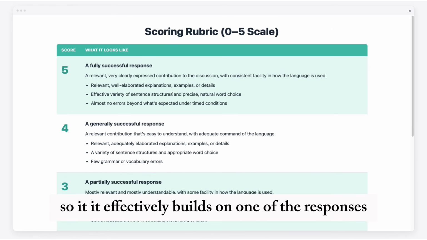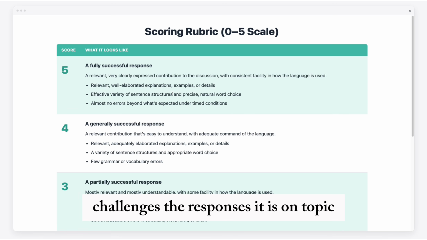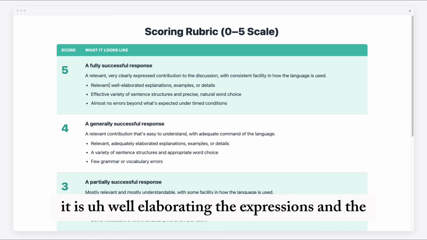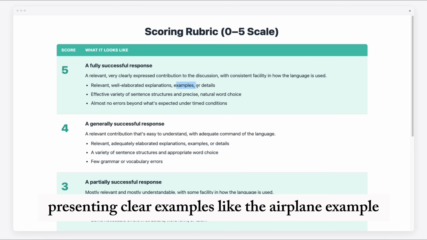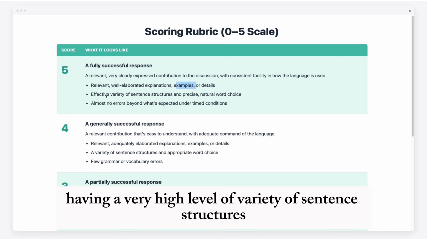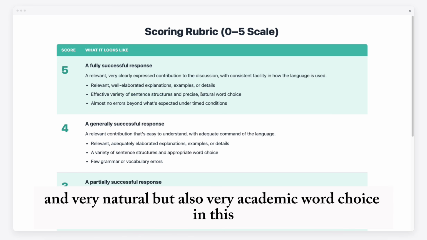Okay, so it effectively builds on one of the responses, challenges the responses. It is on topic. It is well elaborating the expressions and the explanations and the topic that you're trying to present, presenting clear examples like the airplane example, having a very high level of variety of sentence structures and very natural but also very academic word choice.